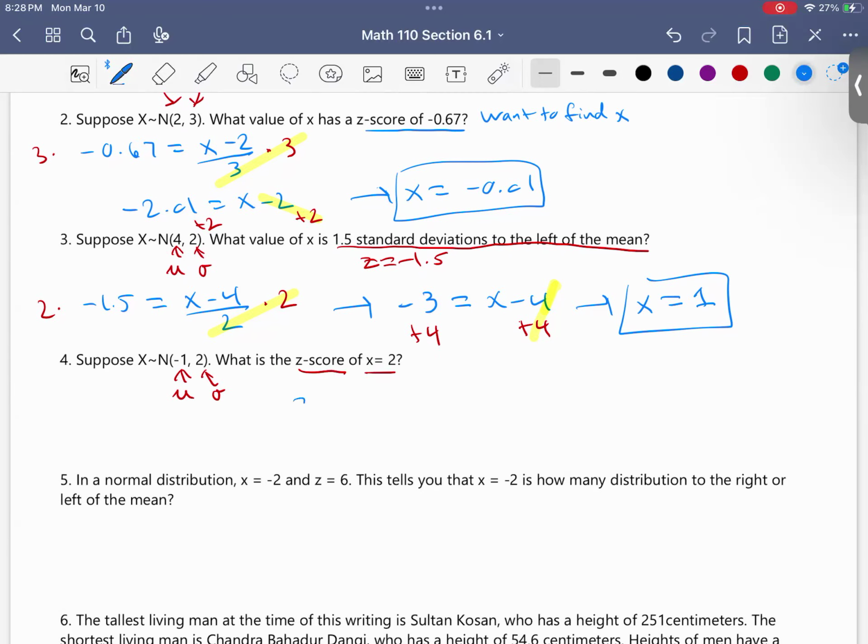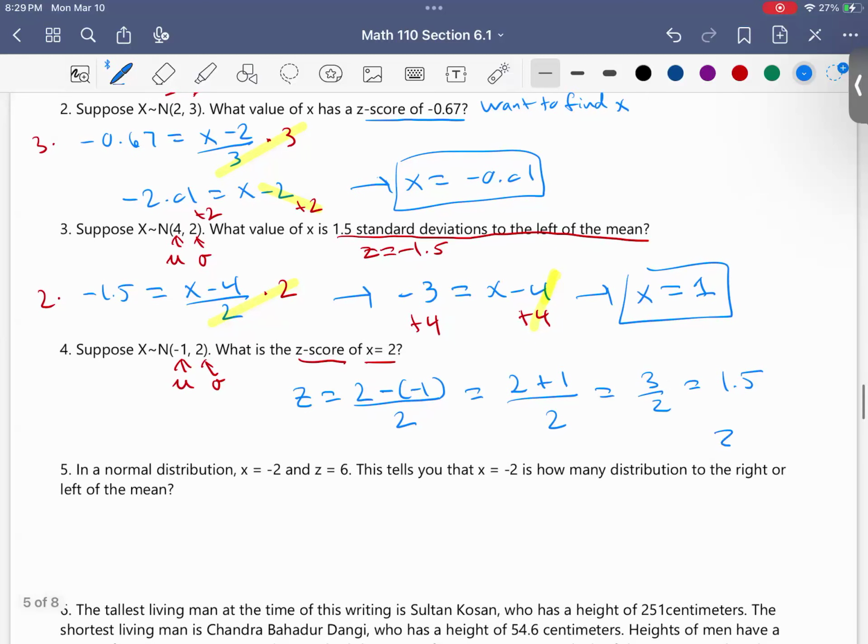So we're going to have z equals 2 minus negative 1 all over 2. Be careful with that negative. And so this turns out to be 2 plus 1, two negatives make a positive. So 3 over 2 equals 1.5. So our z-score is 1.5.